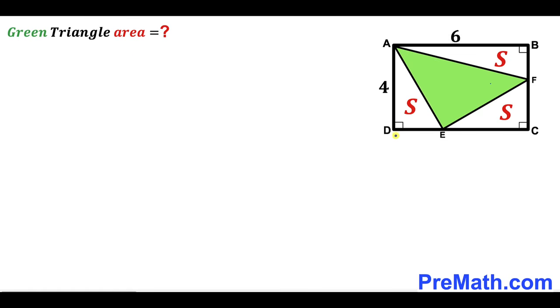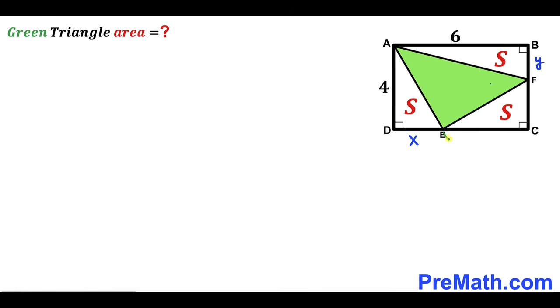And here's our next step. I'm going to label this tiny segment DE length as lowercase x, and this segment BF length as y. And now we know that this whole side CD length is 6 units.